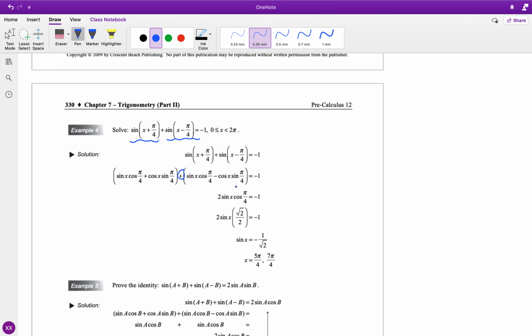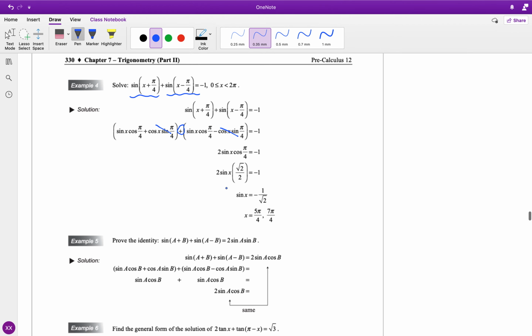As soon as you write it out, you could see this is negative, this is positive. So these two cancel. Therefore, you get 2 sine x cosine pi over 4 equals -1. And then cosine pi over 4 equals that. Then you solve, and you got sine x equals this.